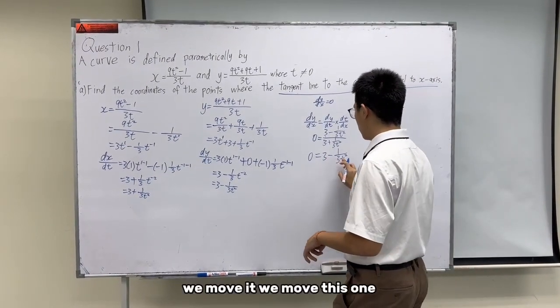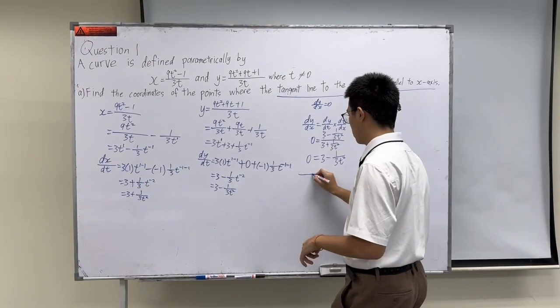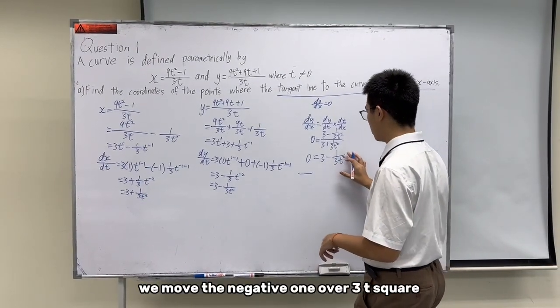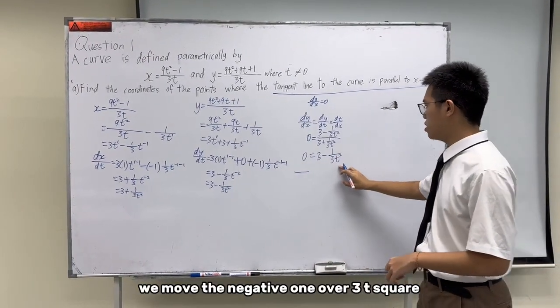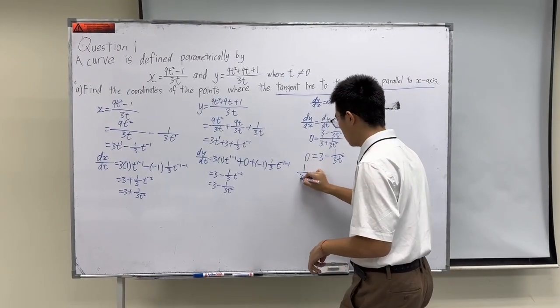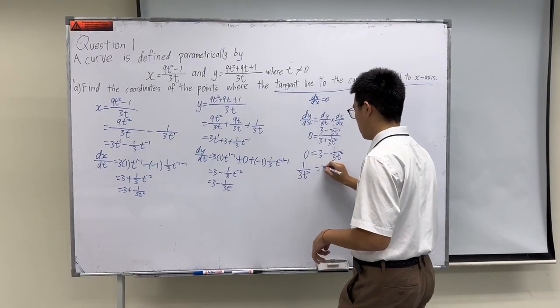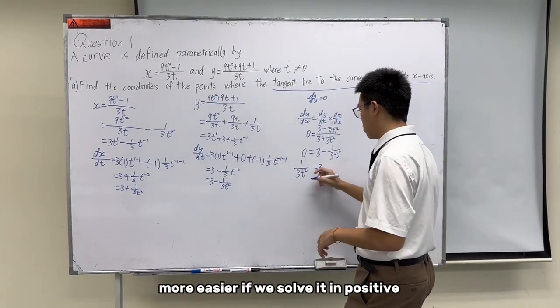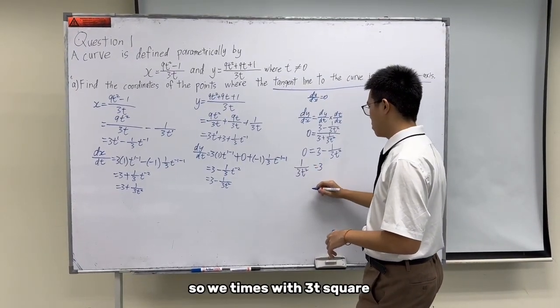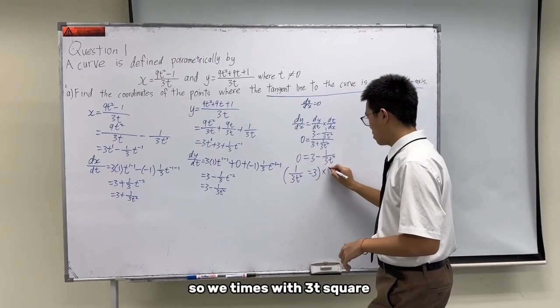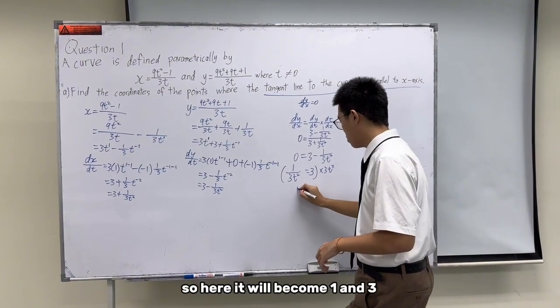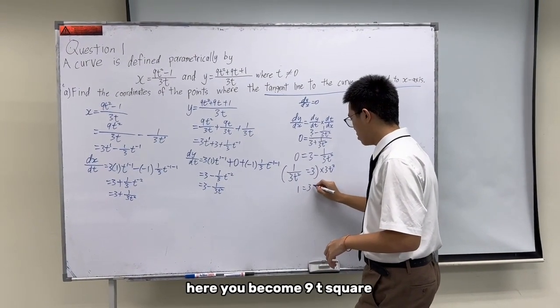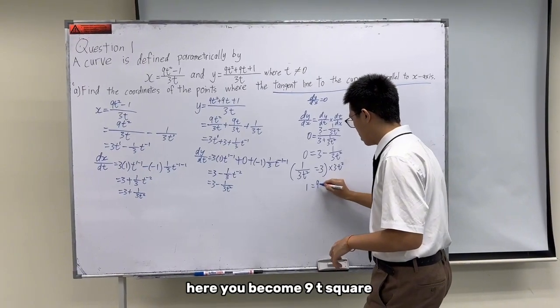So we move the negative 1 over 3t squared to the front, and it becomes positive. It's easier than solving it in the negative. Then we multiply by 3t squared. So here it becomes 1, and the 3 becomes 9t squared.